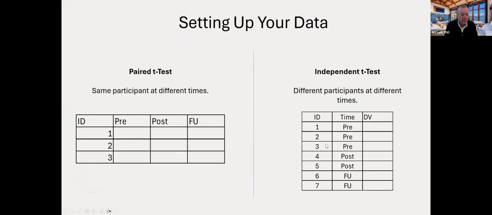So the basic setup is you keep each participant in a row, and if that participant had several variables, like pre and post, everybody's on the same row. That's it. And a lot of times I do see participants in columns and variables in rows. That's not right. You have to have each participant in a row, all right?